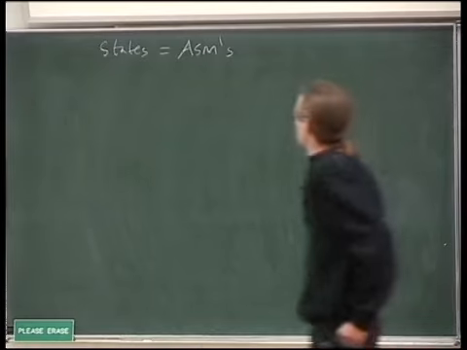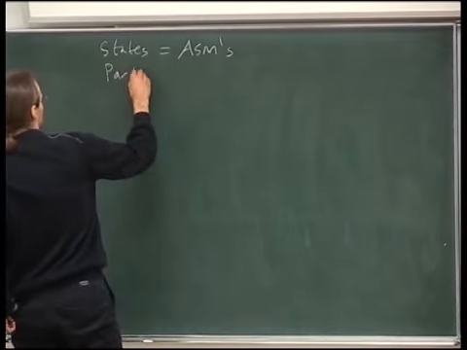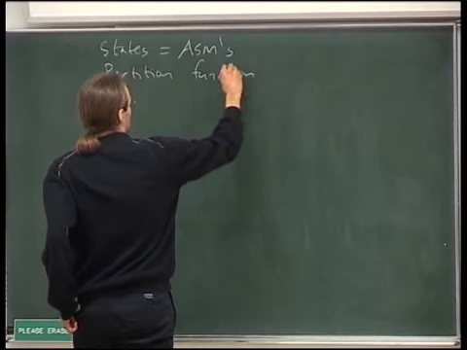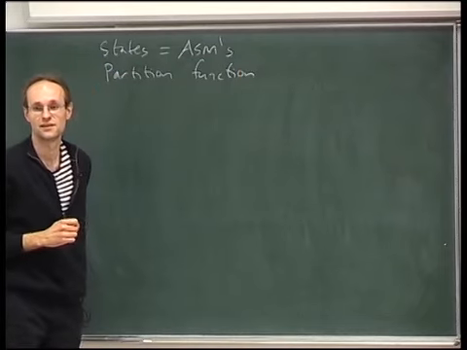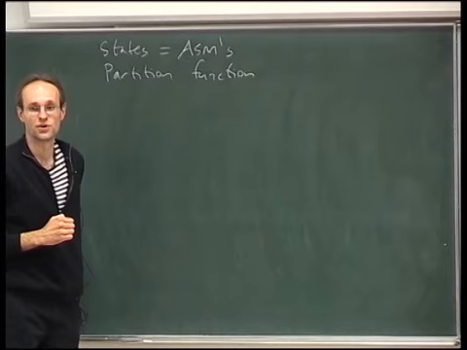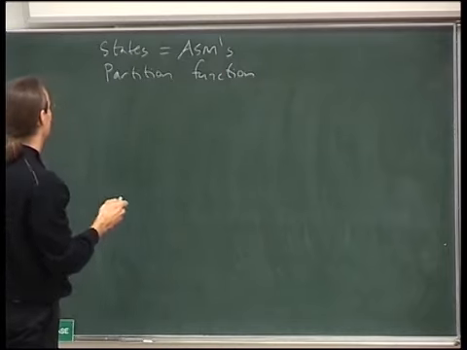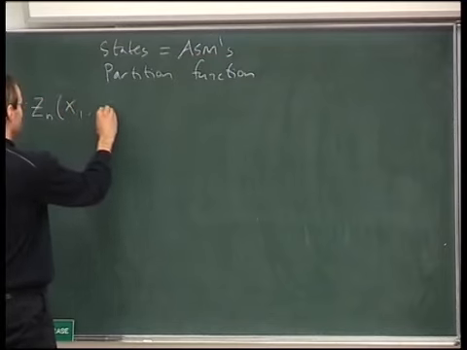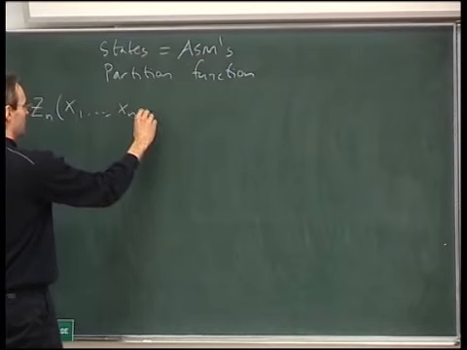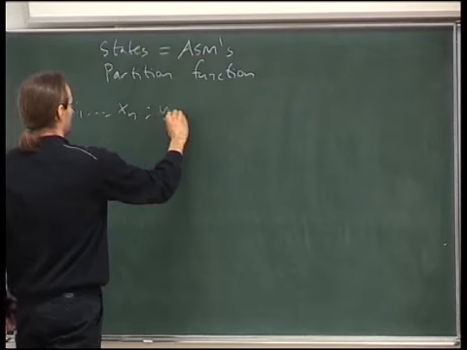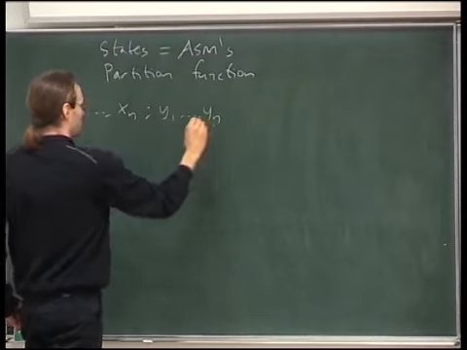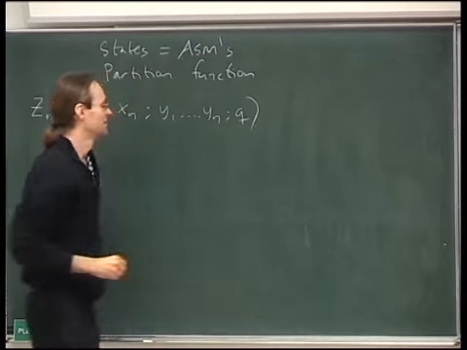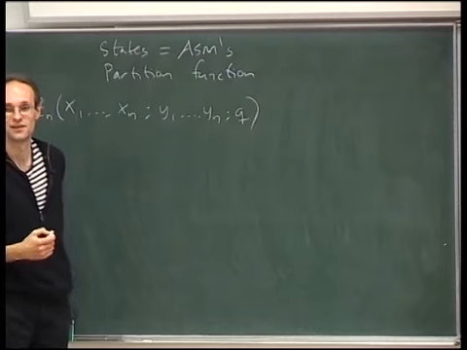And if we look at the partition function of this model, in the inhomogeneous case, this will be some function depending on many variables, x1 up to xn, y1 up to yn. And there's also a parameter q in the model.